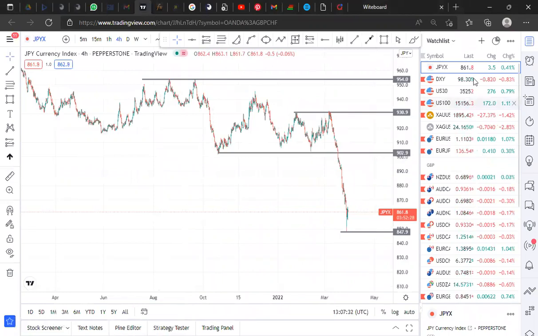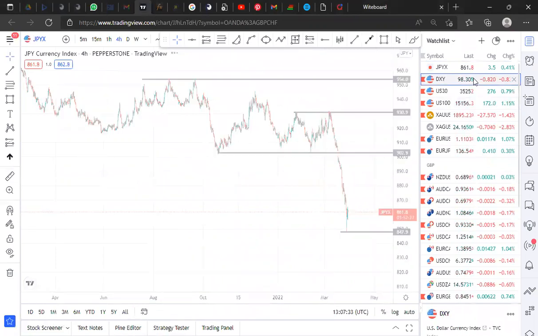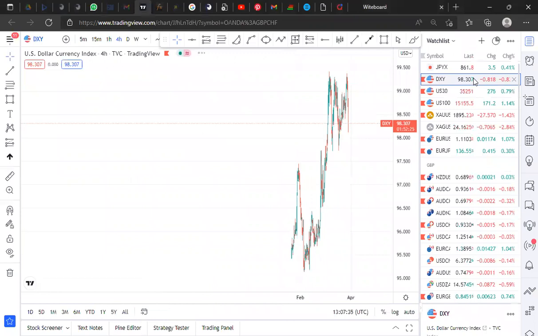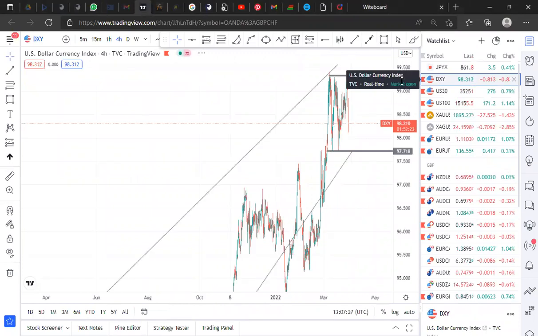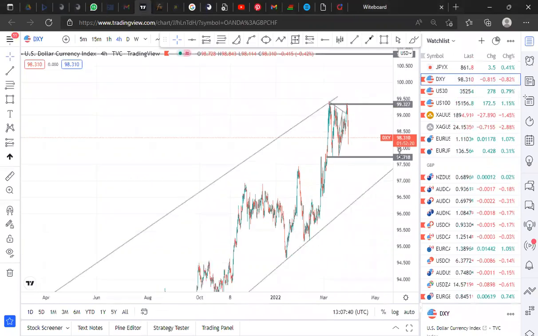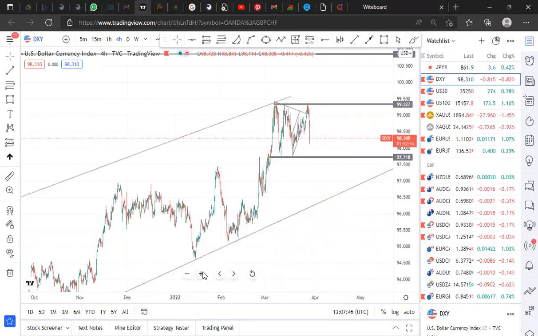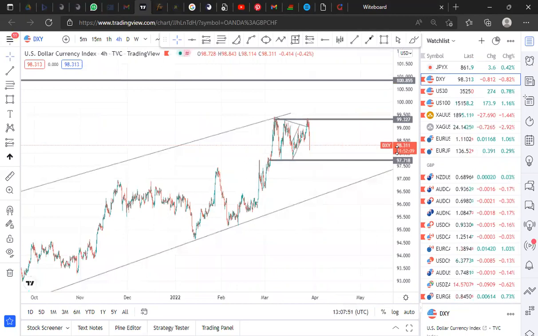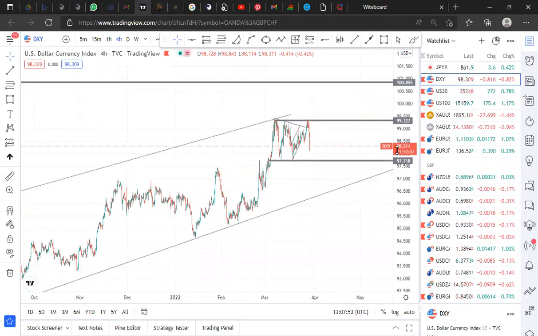First of all, before I analyze the charts for the week, I tend to look at the DXY. The DXY is the dollar index. I'm pretty sure you guys know this. It measures the strength of the dollar against a lot of other currency pairs in the market. So in order to understand the strength or weakness of the dollar, analyzing the DXY plays a high role.